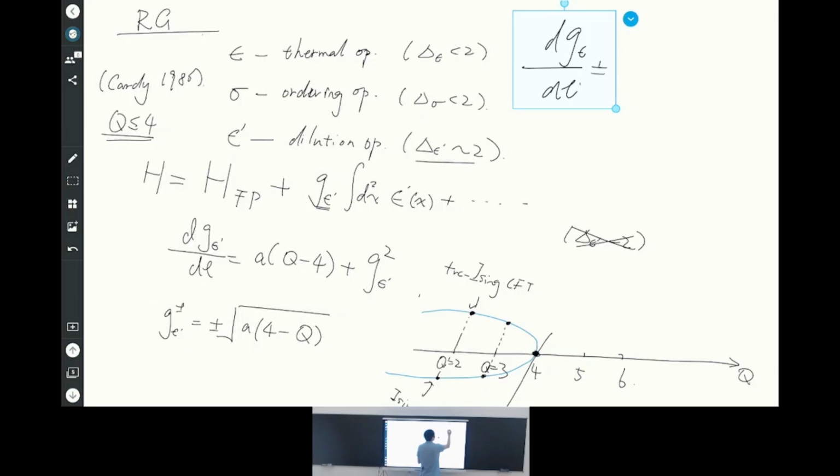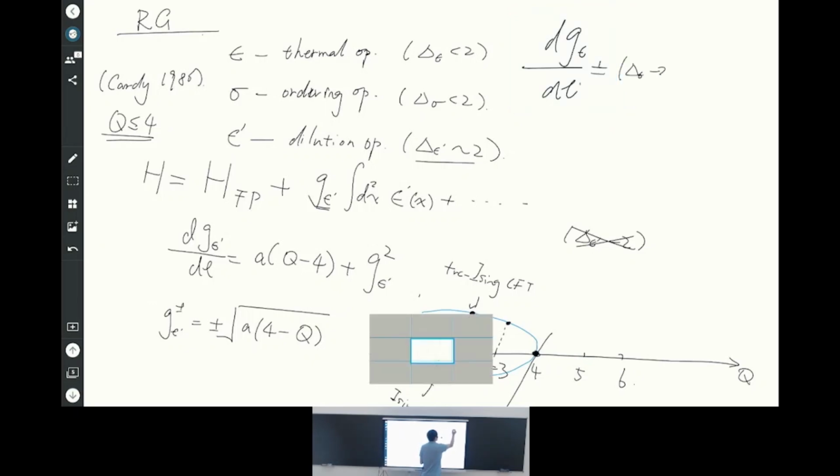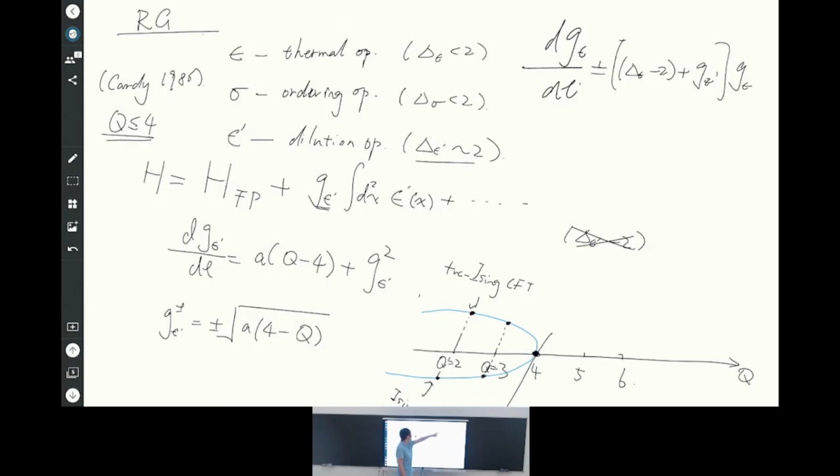So this will be like G epsilon minus 2 plus G epsilon prime, G epsilon. So this is a leading term like this. And similar to the sigma operator, like G sigma minus 2 plus, sorry, there is a coefficient here that depends on the OPE coefficient and many others. So this is G epsilon.